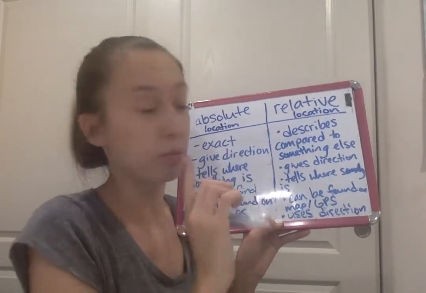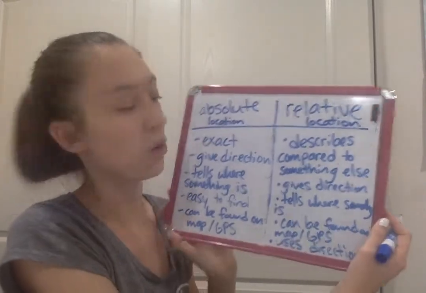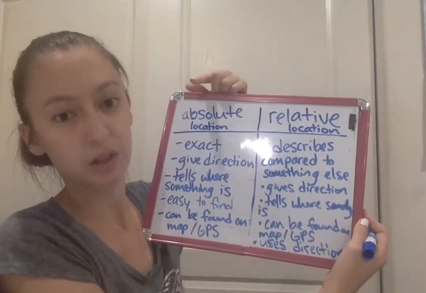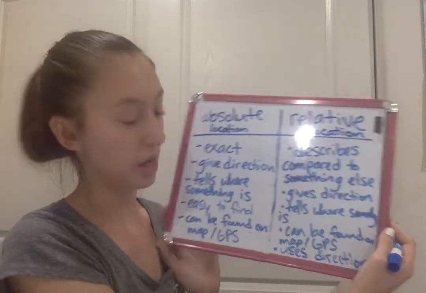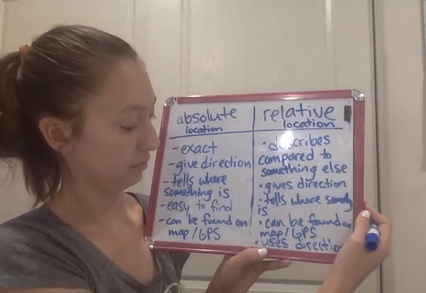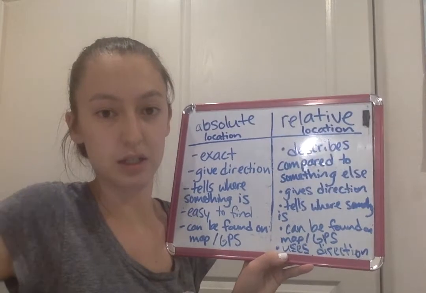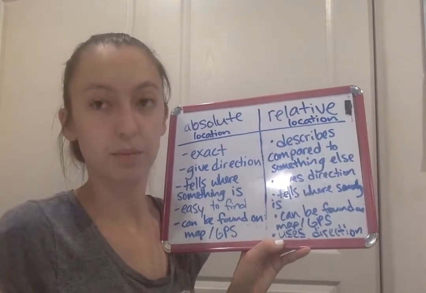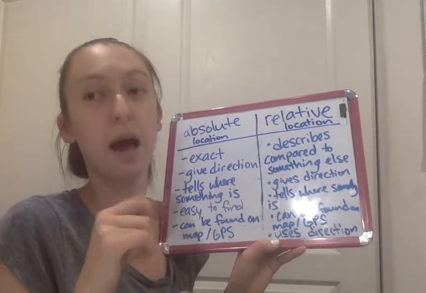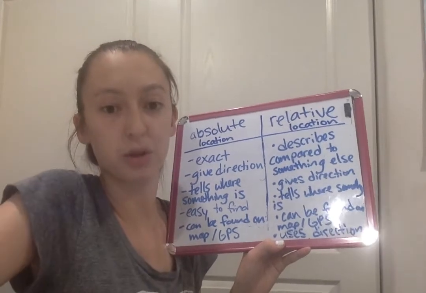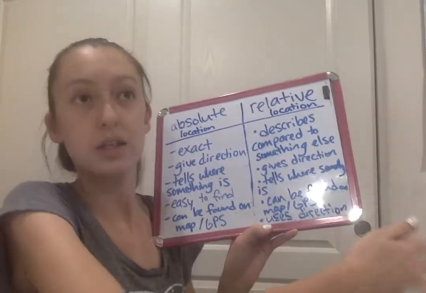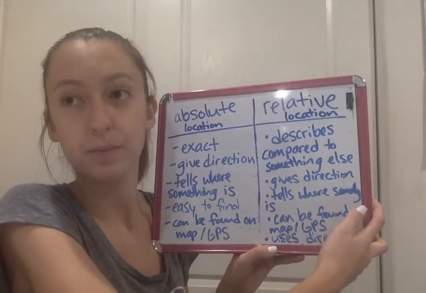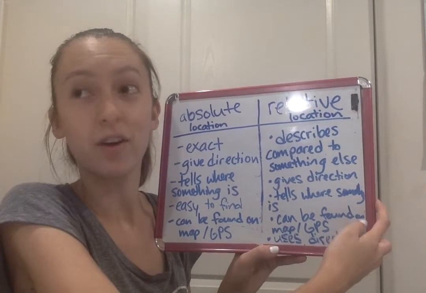Oh wait, okay, before I erase this, what do you guys notice about everything that's written down here? Is there something you guys notice? Yes, so absolute location and relative location, they're different. Is there anything else that you guys notice? Oh, that's a good one.